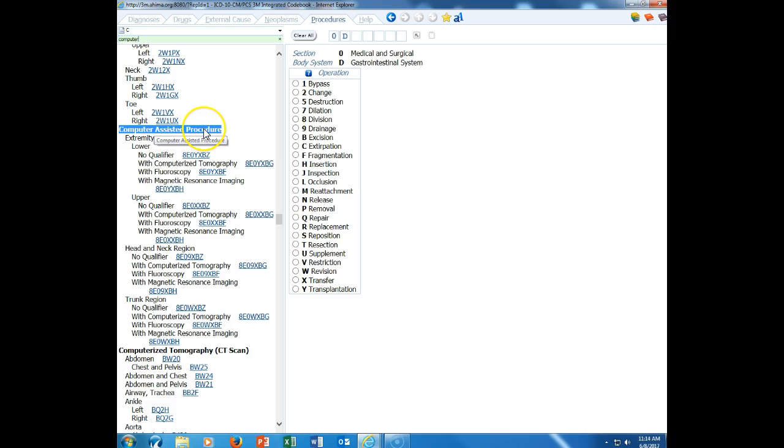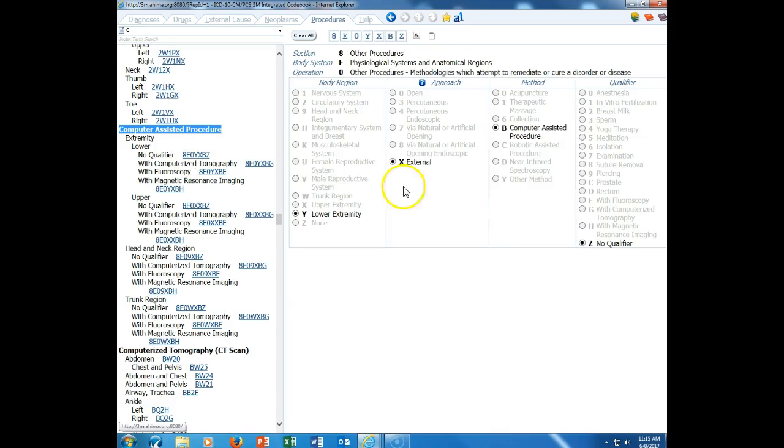So for computer-assisted surgery, we would actually code the procedure, and then we would have a code from the other procedures section, which reflects that we are doing a computer-assisted procedure. So for this, our body region is lower extremity, the approach is external, it's a computer-assisted procedure, and there is no qualifier.